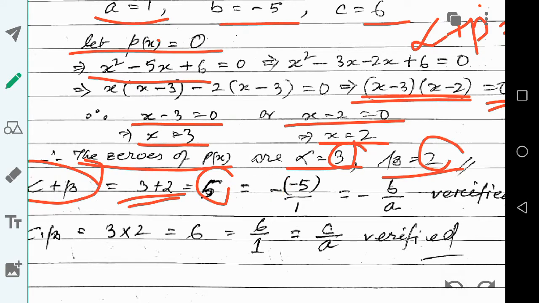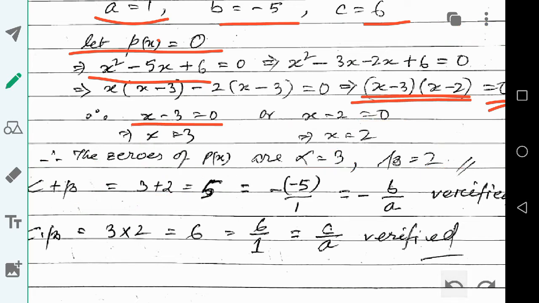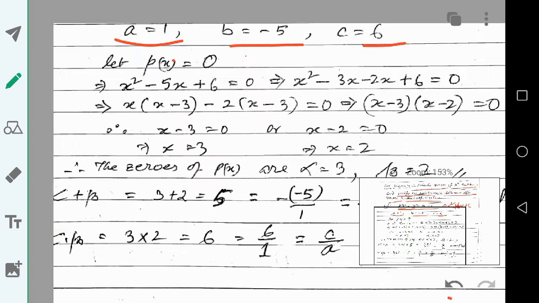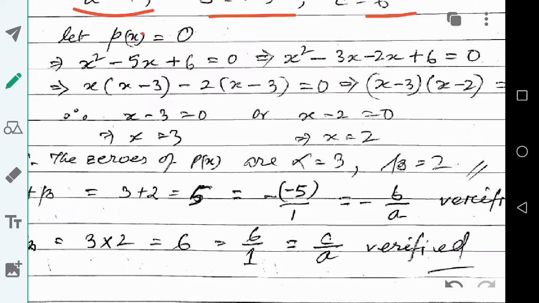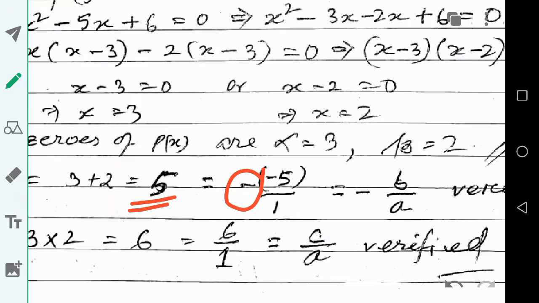Now let me clean this a little bit. As I have written the minus sign here, but it was positive, I have written minus (−5) again, then minus minus will be plus.